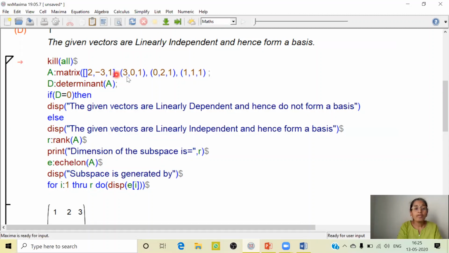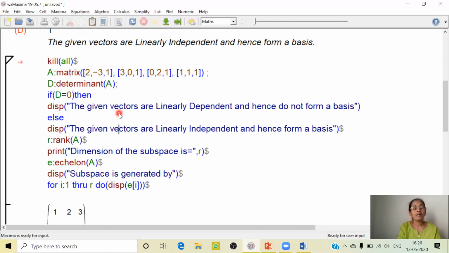The vectors need to be put in square brackets. Each row will be represented within square brackets. So this will be the representation of the vectors within the square brackets, and they form the matrix A.